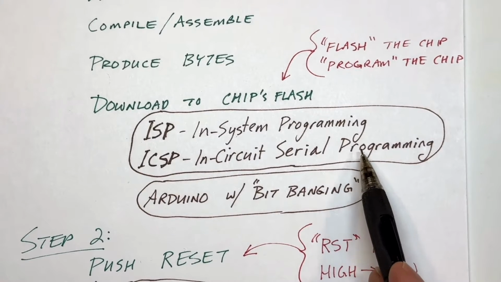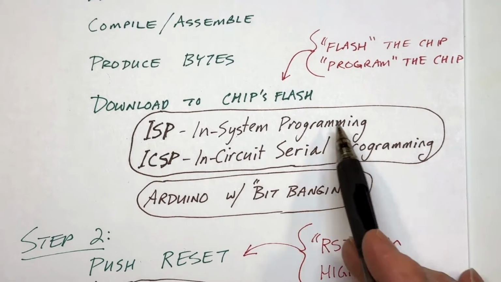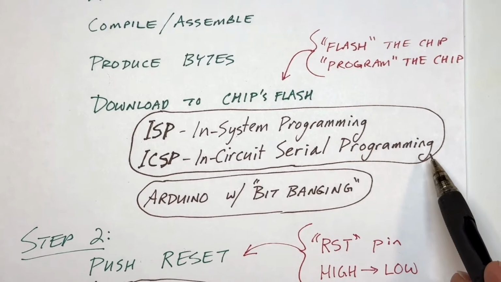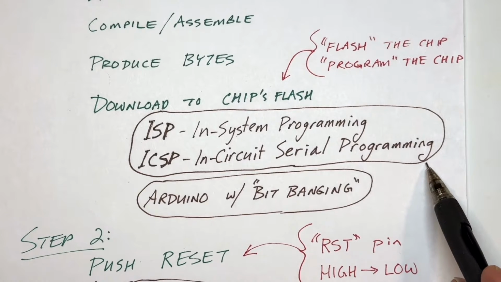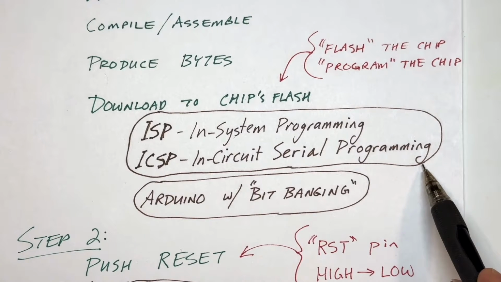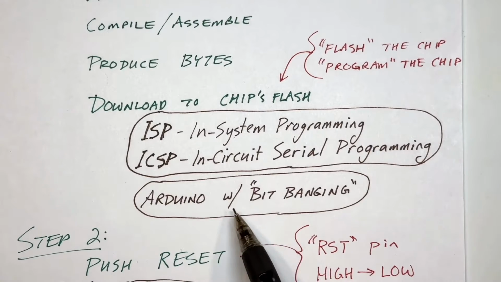There are pins on the chip that allow us to write into the flash memory, and so the idea is that those pins are dedicated to flashing the chip and not otherwise used, which means we can program or rewrite the flash without having to pull the chip out of the circuit board. And we see that in the Arduino, for example.